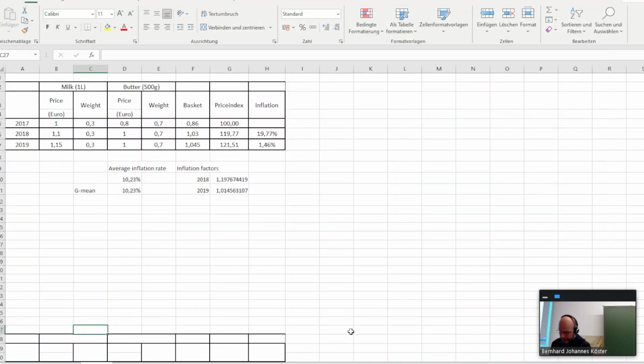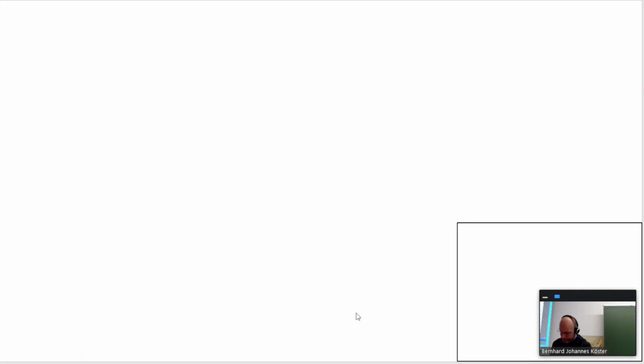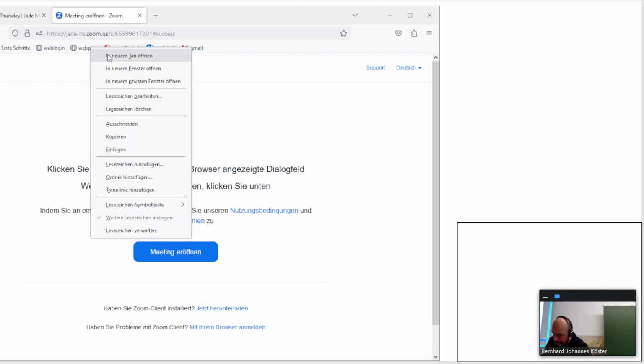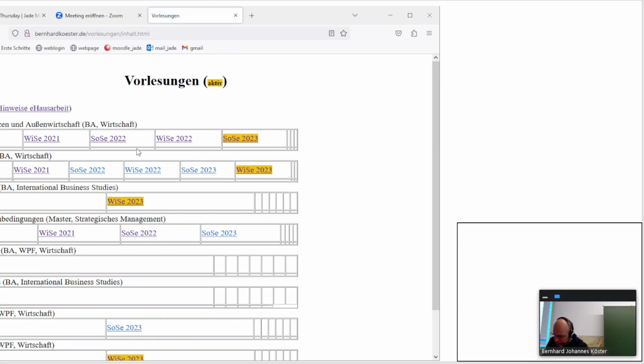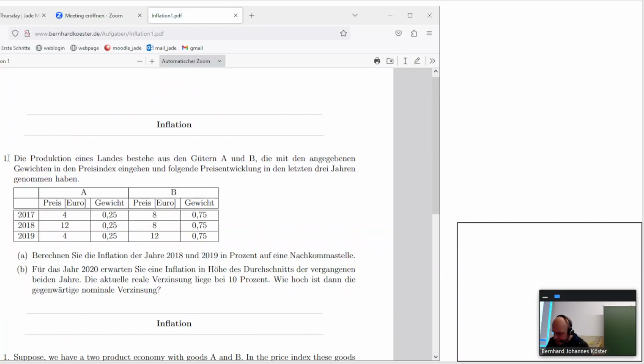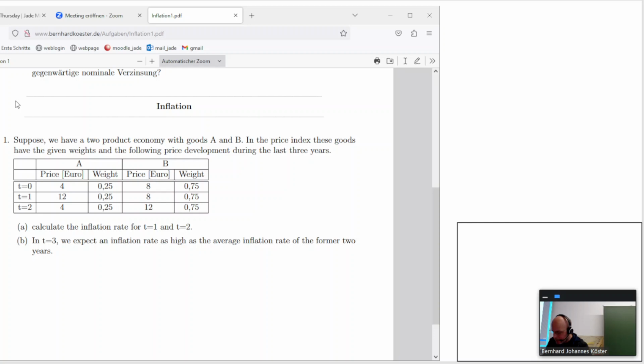And then what we want to do today is some exercises. We started on Tuesday with growth, and now we come to inflation. Hopefully you will see that conceptually, the calculations I will do now with inflation are the same as those we did when we talked about real and nominal growth.